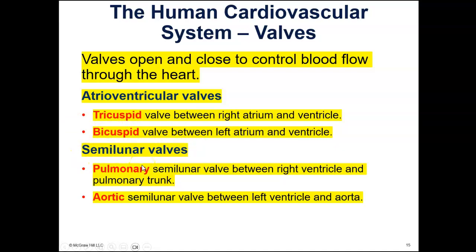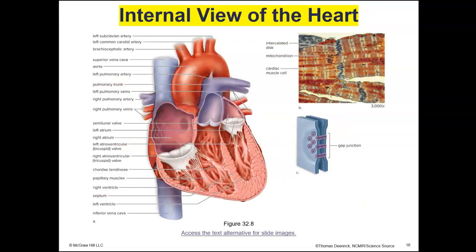And then we have semilunar valves, and they're called semilunar because the little valves are shaped like half moons. The pulmonary semilunar valve separates the right ventricle and the pulmonary trunk and arteries. The aortic semilunar valve separates the left ventricle and aorta.